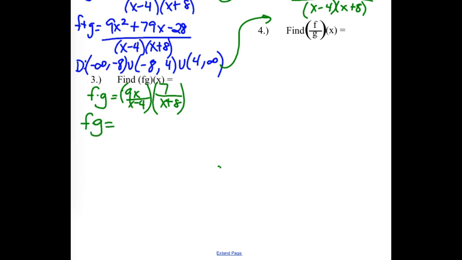So numerator becomes 63x. Denominator we're going to just leave in its factored form. Anything different for our domain restriction from our first answer? Still the same? Okay.